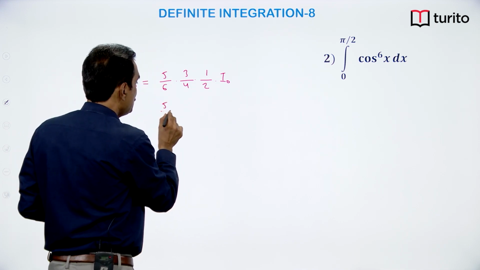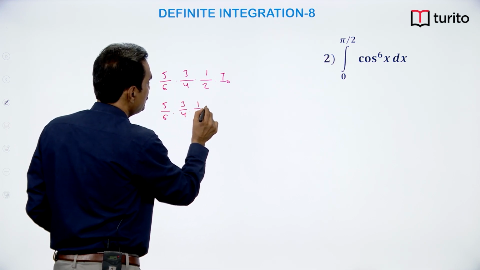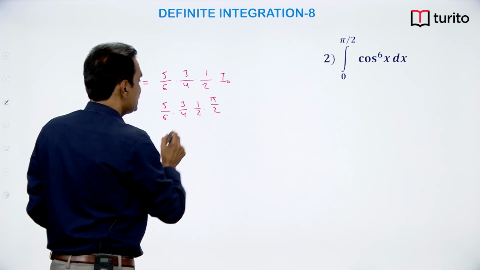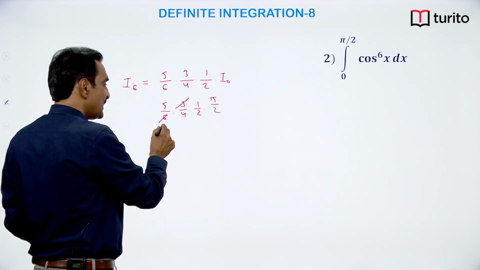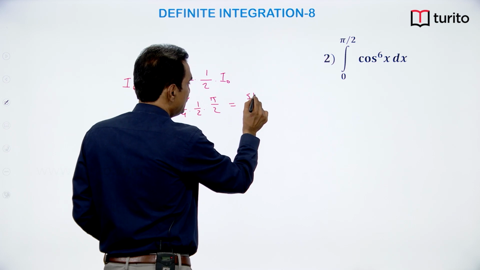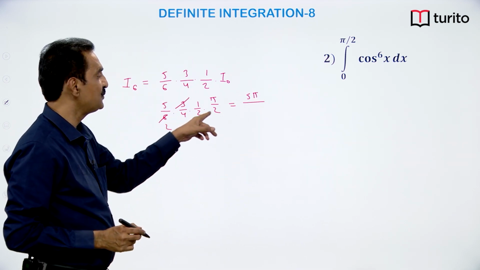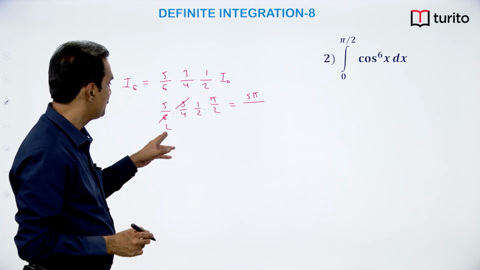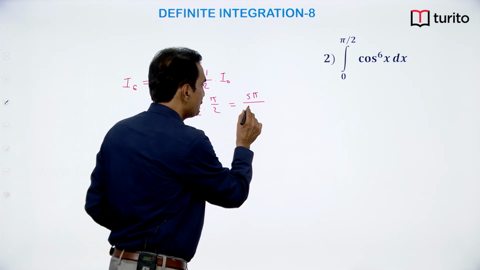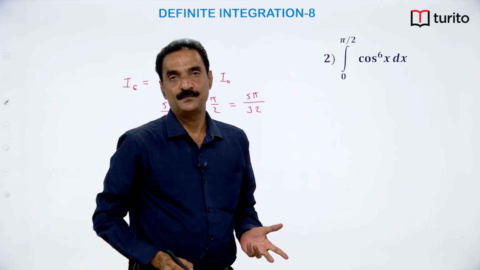So it is 5 by 6 into 3 by 4 into 1 by 2 into pi by 2. Simplify it, 3 2s are 6, then you will get numerator as 5 pi, denominator is 2 into 4 into 4. How much? 32. So this integral is 5 pi by 32.